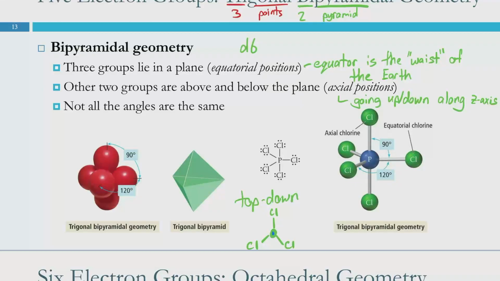In this middle section, this middle dot, we're looking down along this chlorine, phosphorus, chlorine line. And so we would see spread out around it that YMCA shape again. So we've got 120 degrees of separation.